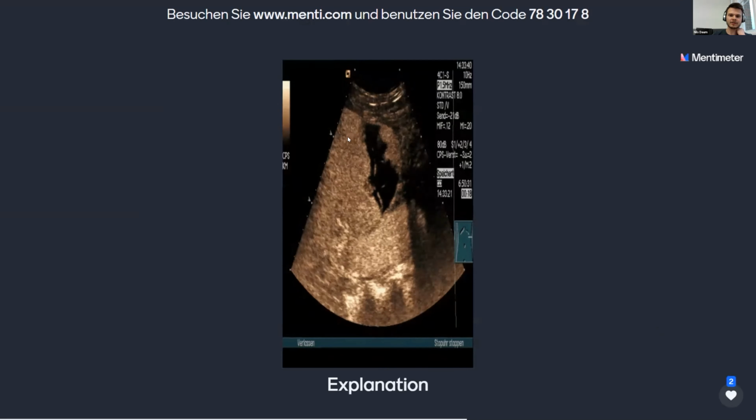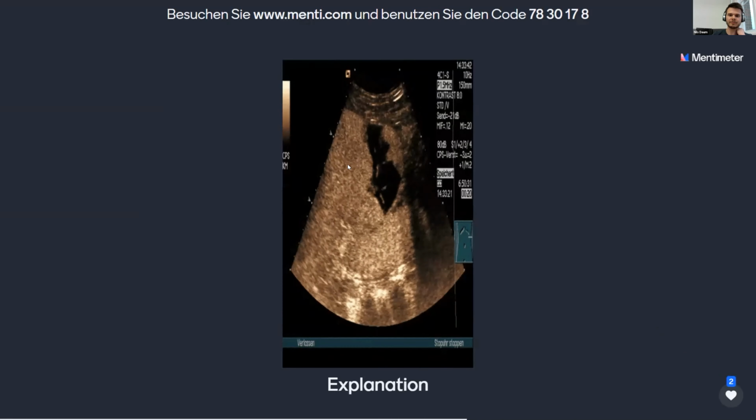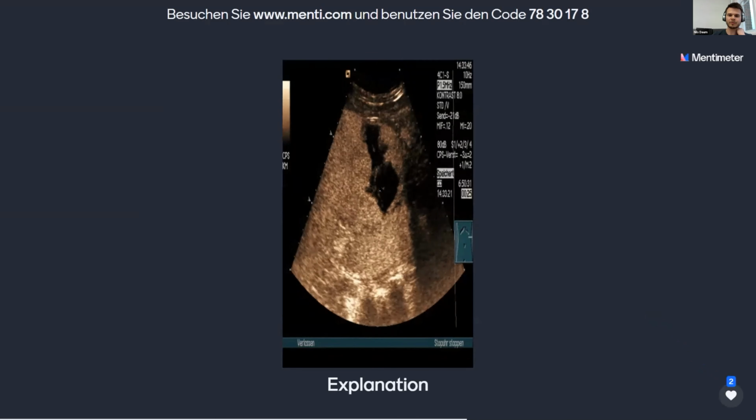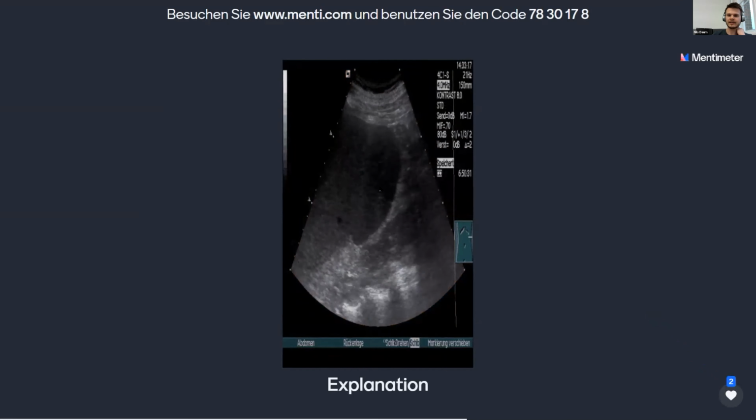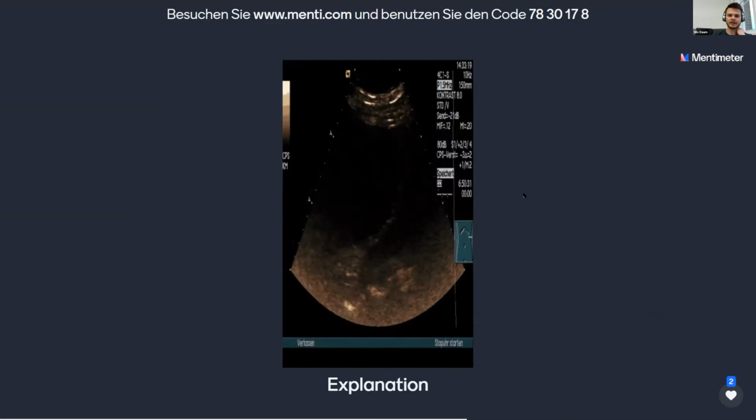The other parts are full of blood, but this is without it. So you were totally right, and also with the history of the patient, it's infarction of the spleen.